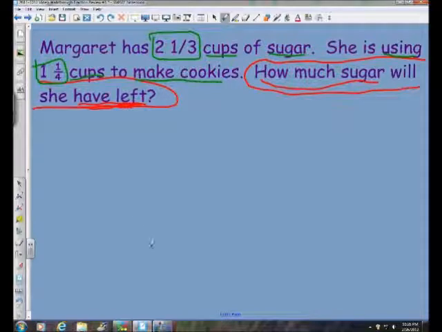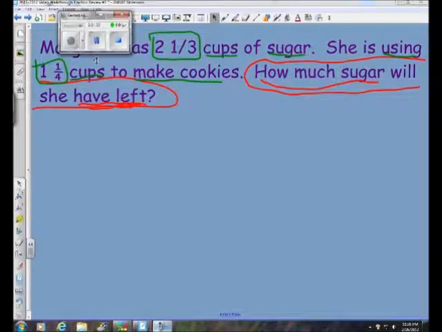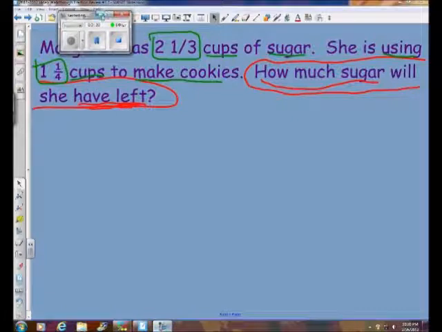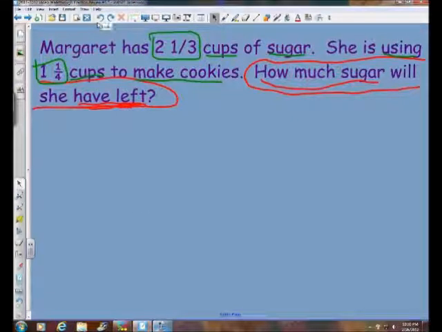So that shows us that we're looking at how much she's going to use. So now we're working with these 2 mixed numbers. We've got 2 1/3 cups of sugar, and she's going to use 1 1/4 cup of sugar to make cookies.